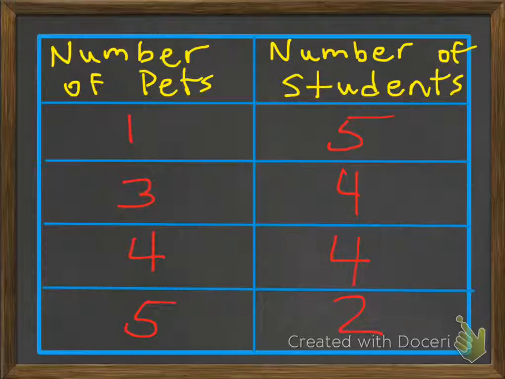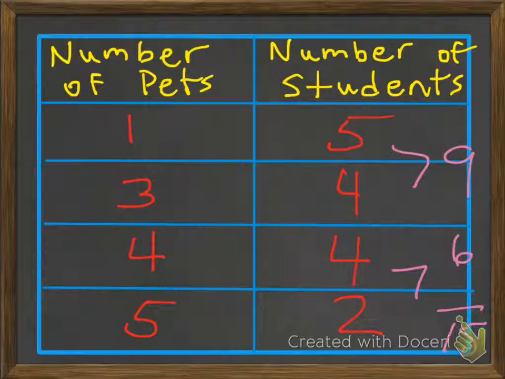If we did this right, there should be a total of 15. So if we go back and take a look, we have these 2, which is 9, these 2, which is 6. So yes, we have 15 students in all that were questioned, that said, yes, I have a pet. Some of them had 1, some had 3, some had 4, some had 5. So here we have our chart.